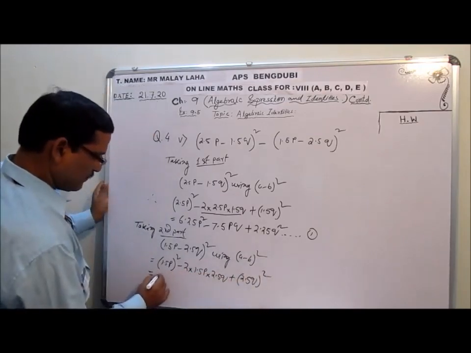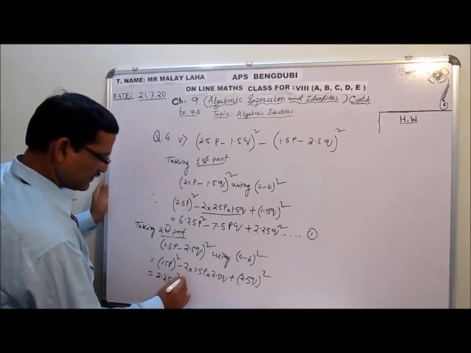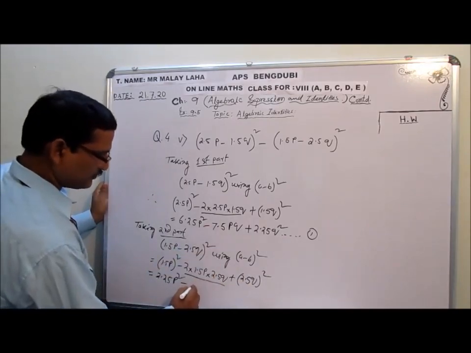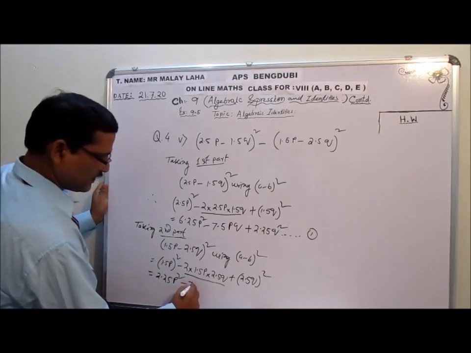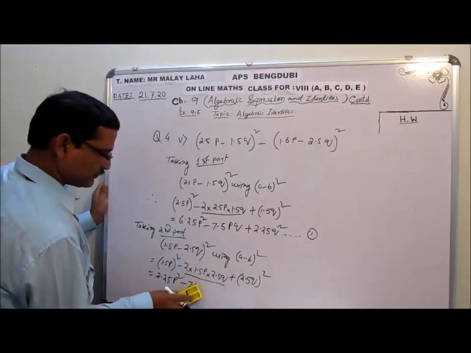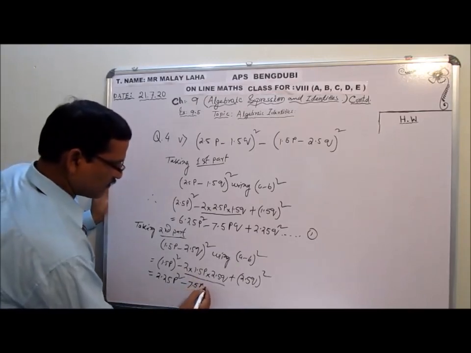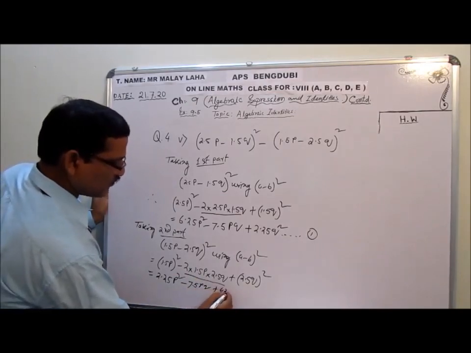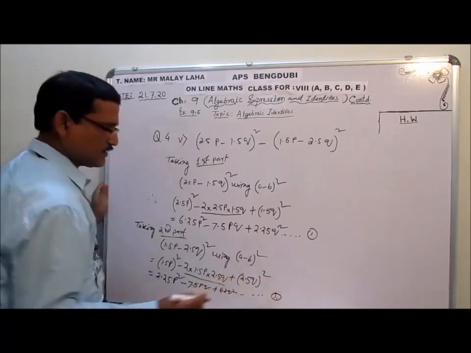It will be 2.25 p square minus, the product you got earlier, 7.5 pq, plus 6.25 q square. This is answer 2.